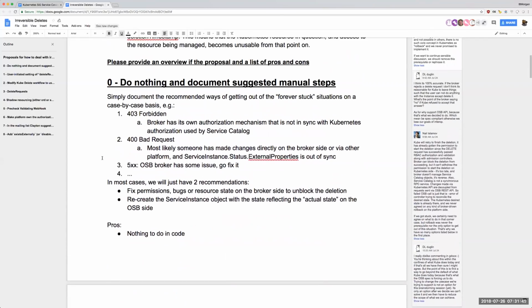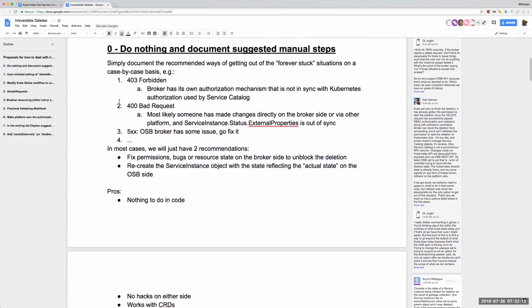So we can start with 0, which I think we did want to have written down in the other agenda document at some point, which is basically let everything fail and manually clean it up later. I think it's a valid way to cover it.